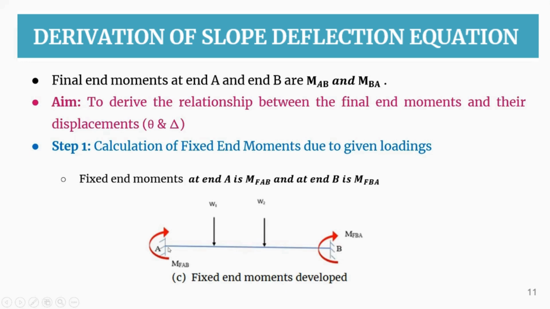Here we are considering only the fixity conditions, and due to this external loading, what are the fixed end moments that are developed at A and B? The moments developed at A and B are MFAB and MFBA. These two also we are considering in the positive sense only, that is, in the clockwise direction. So the first step is calculating the fixed end moments due to the external loading.